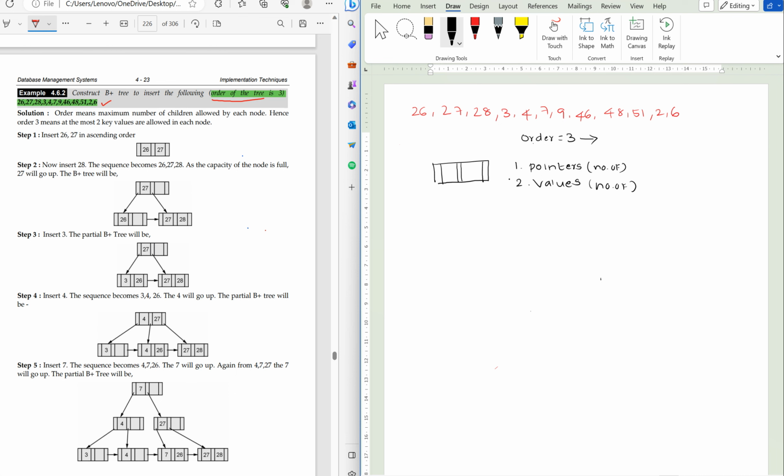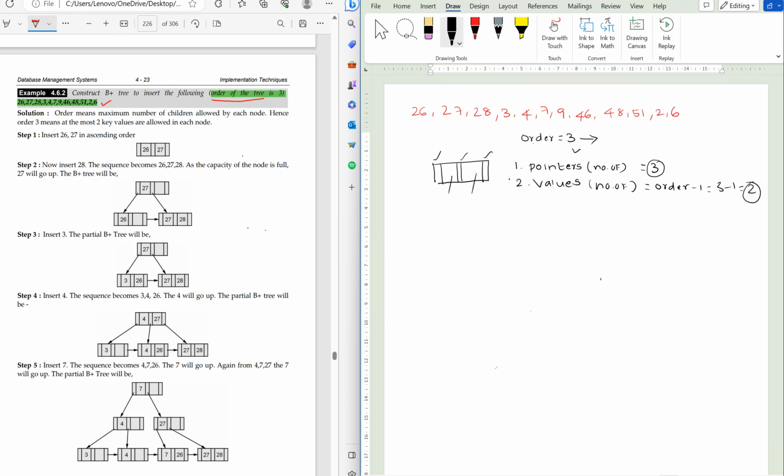The number of pointers is equal to the value given as order, and the number of values is equal to the order minus 1, that is 3 minus 1 equals 2. So these three represent the number of pointers present in a node, and these two represent the values stored in the node.